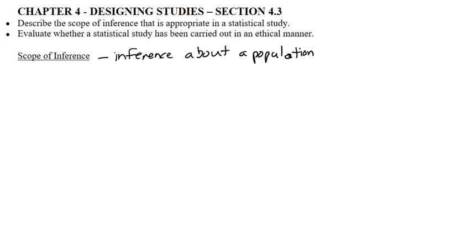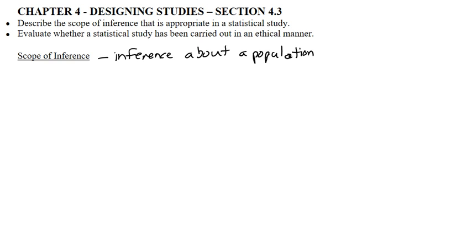We maybe do a presidential election, and we ask the people, who are you voting for? And if in our sample 60% of the people say they're voting for candidate A, then we infer from our sample, as long as it's well designed, that 60% of the people in the population are also voting for candidate A. That's inference about a population.